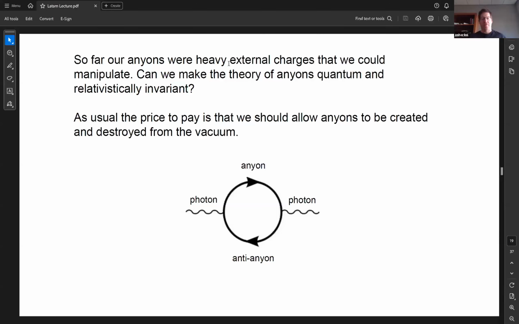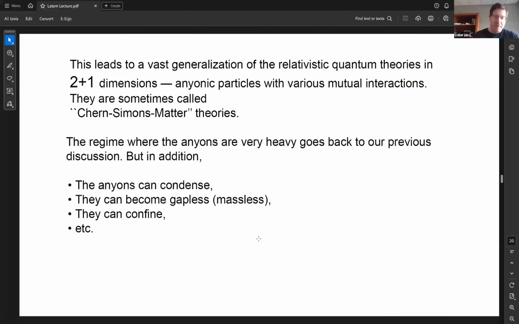Okay, good. So let's investigate the theory of second quantized anyons, meaning anyons which are light, could be created from the vacuum, and would be coupled to a photon. One could try to calculate loop diagrams like that. So this kind of family of quantum field theories, where the anyons are allowed to be created from the vacuum, leads to a huge generalization of quantum field theory.